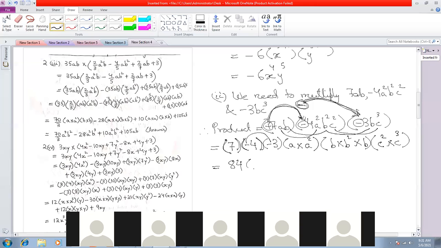And a into a square will give you a to the power of 1 plus 2. b into b square into b will give you b to the power of 1 plus 2 plus 1. You can add the powers. And c will give you c to the power of 2 plus 3. So ultimately what you're getting is 84 a cube, b to the power of 4, c to the power of 5. And that is the required product. Clear with this? I'll stop here for today.